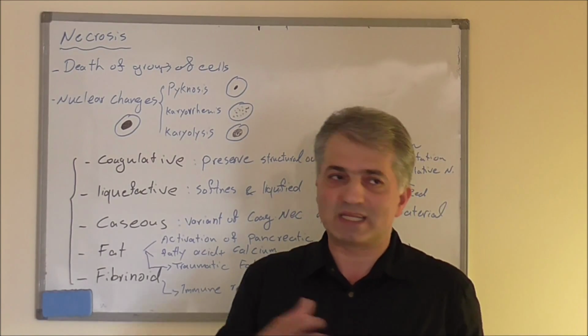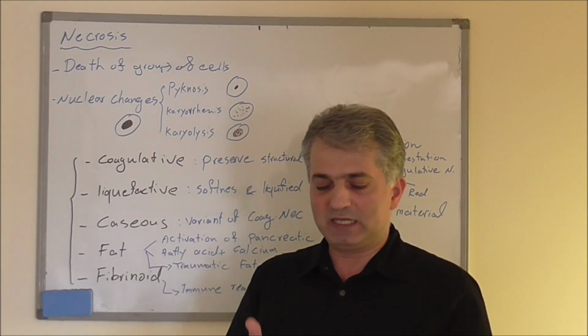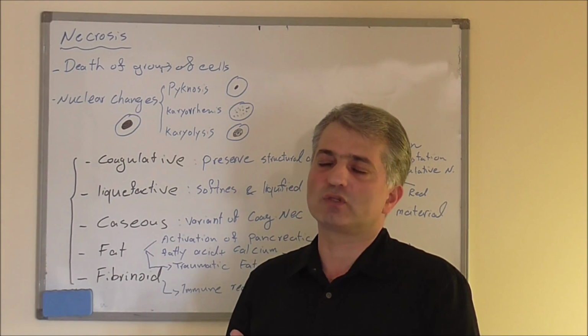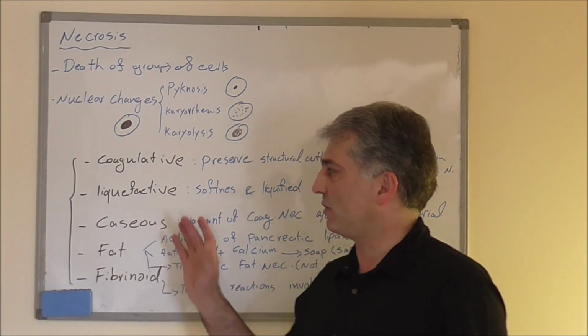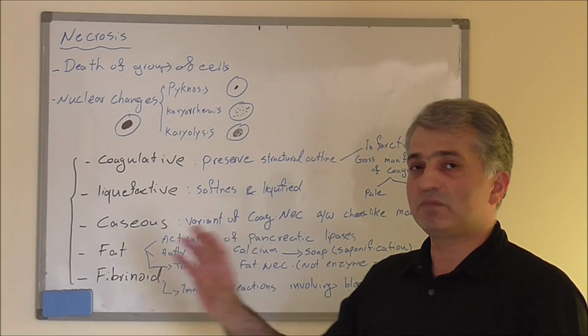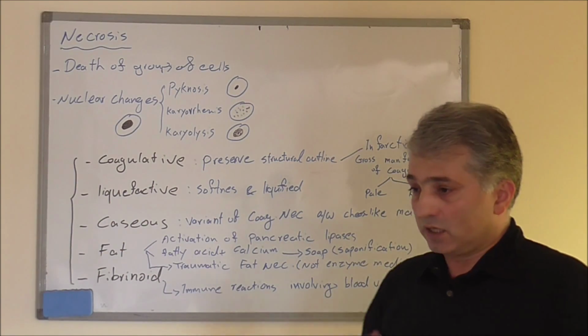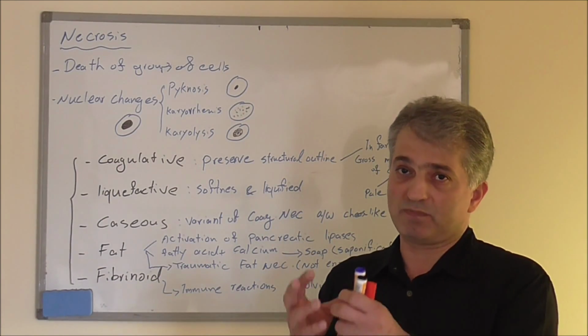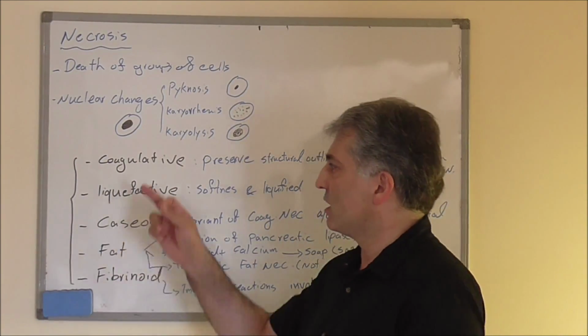Of course, what is the stressor? Chemical, electrical, physical, whatever causes cell injury, doesn't matter. What will happen is the cell will be dead. But what we will see is a bit different, depending on which organ it is.